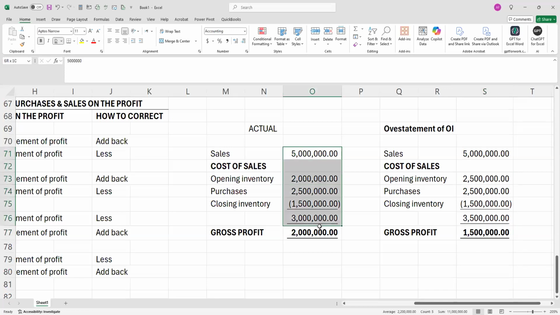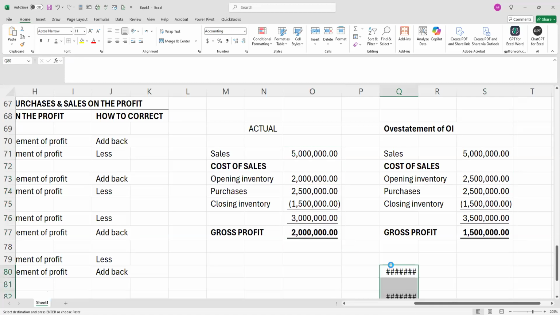The same impact, look at it, what if you understate?